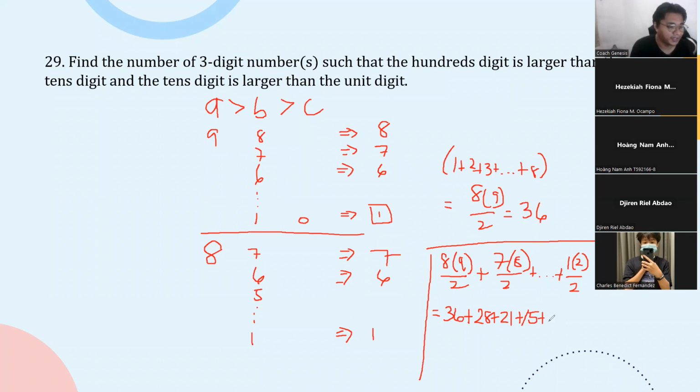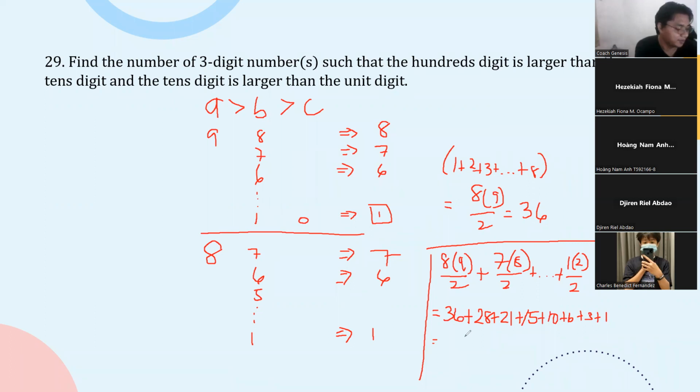We have 4 times 5, 10. 3 times 4 is 12, divided by 2 is 6. And then 2 times 3 divided by 2 is 3. And then 1 times 2 divided by 2 is 1. So you have 36 plus 28 plus 21 plus 15 plus 10 plus 6 plus 3 plus 1.